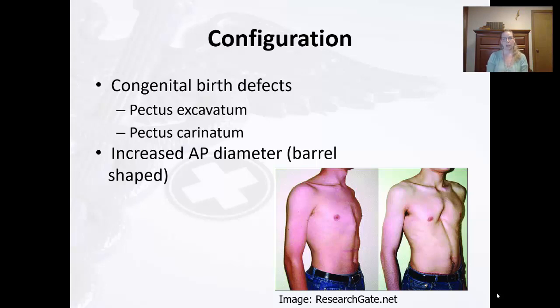But in patients who have hyperinflation of the lungs, where the air is trapped, making the rib cage fuller and more expanded, these patients will have an equal anterior posterior diameter to their lateral diameter, and so they will have what's called a barrel-shaped chest.